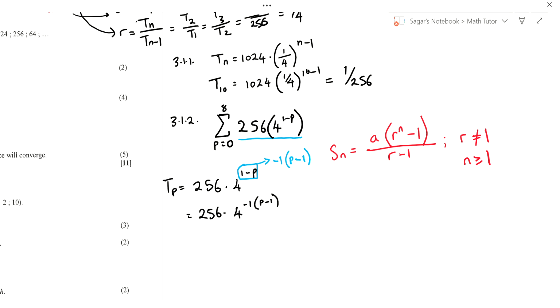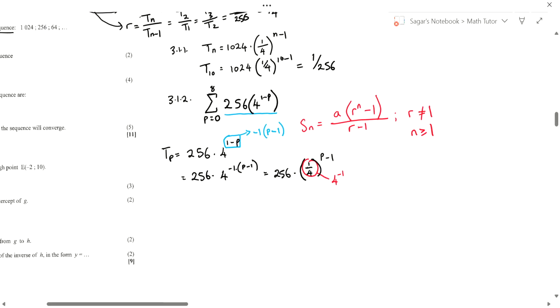Now we see that 4 is to the power minus 1 multiplied by p minus 1, which is equal to 256 dot open brackets a quarter to the power p minus 1. All this is 4 to the minus 1.